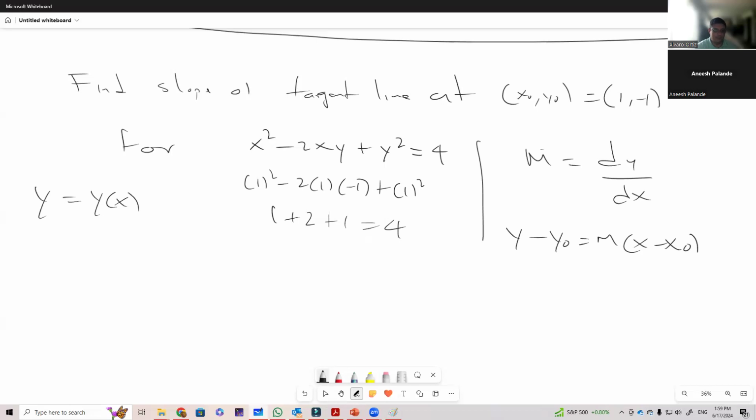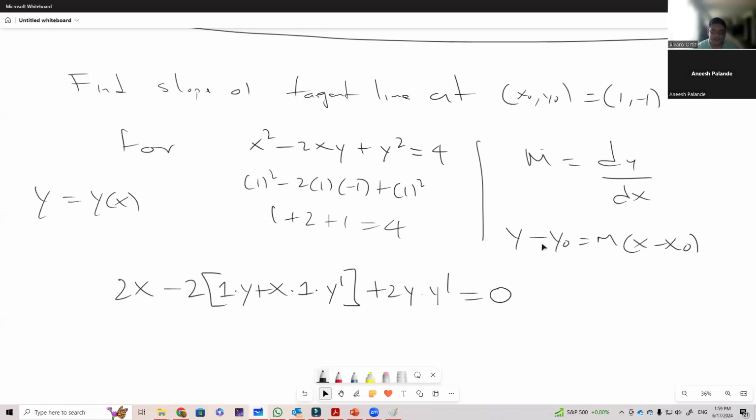So every time we take the derivative of y, we multiply by y prime. The derivative of this is 2x minus 2, and this is a product rule: the derivative of x is 1 times y, plus x times 1 from the derivative of y, times y prime. And then plus 2y times y prime equals 0.